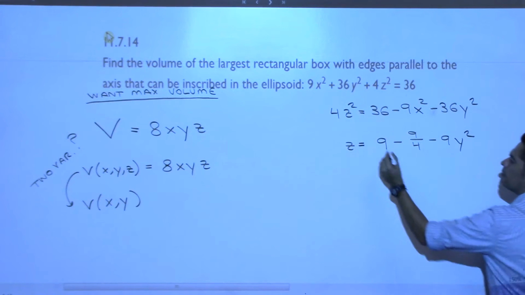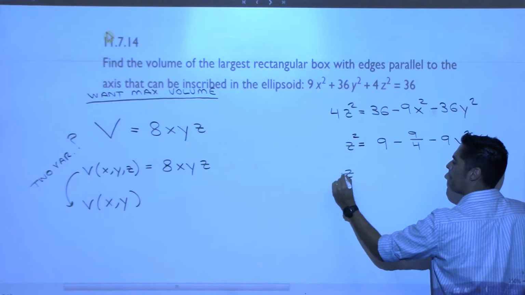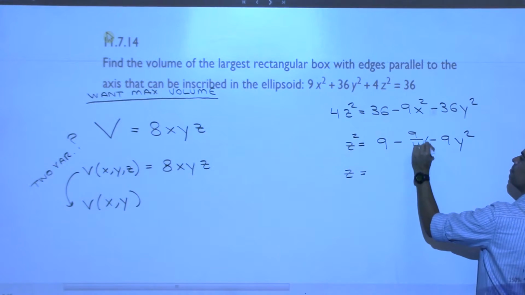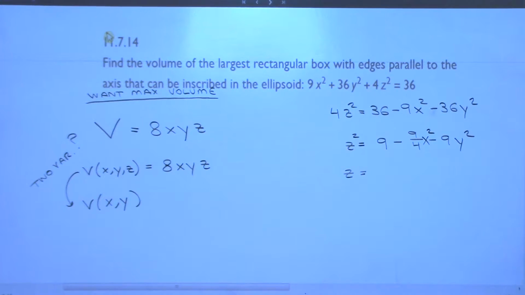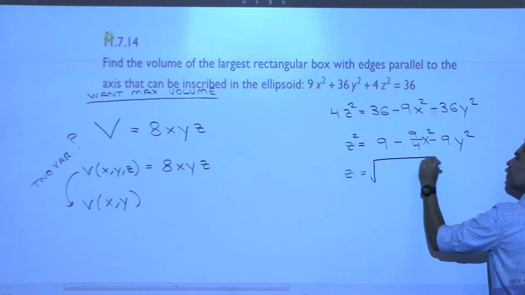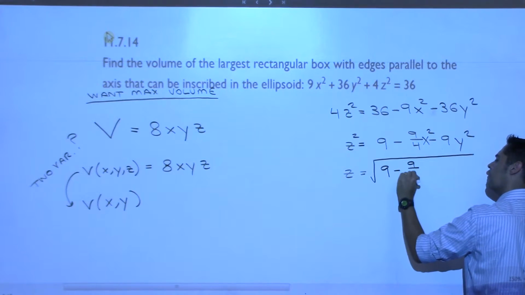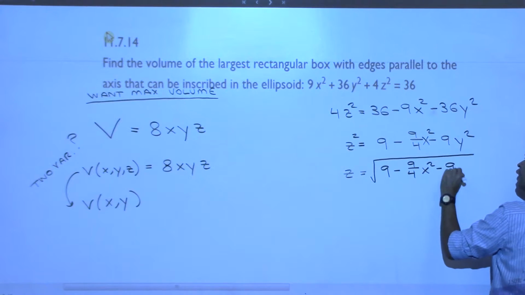I forgot my squared. And then square root. Yeah, I forgot the x squared. That's not going to be a good thing. And so we have the square root of 9 minus 9/4 x squared minus 9y squared.